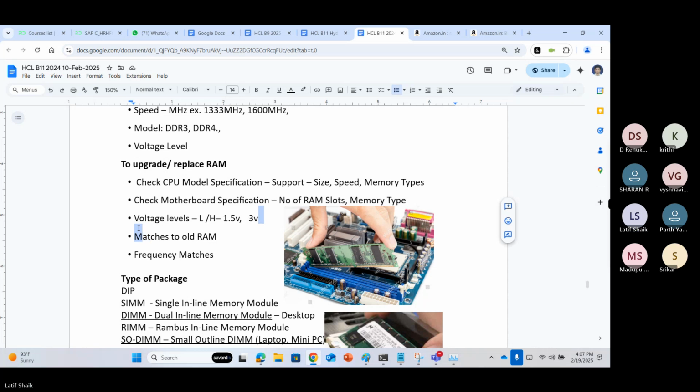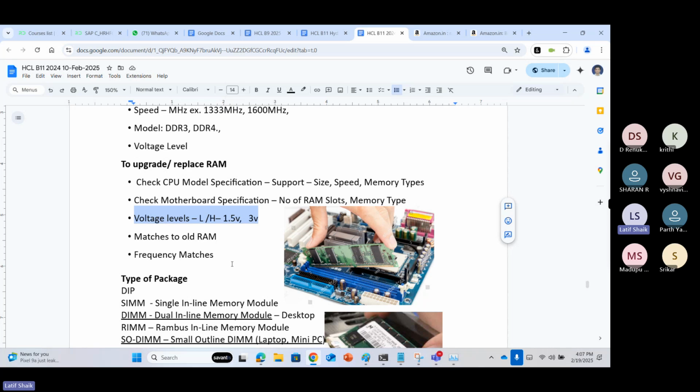Next, voltage levels. Different RAMs have different voltage levels. Some are 3 volts, some are 1.5 volts. For example, you want to upgrade your laptop. You already have 4 GB and you want to add 8 GB to it, so it becomes 12 GB. You go to the shop and ask for an extra 8 GB there.